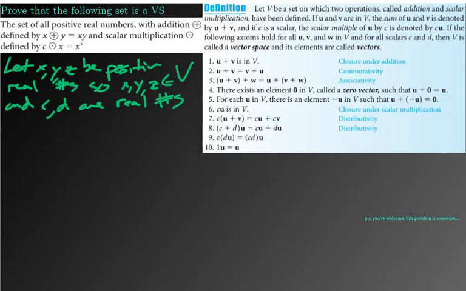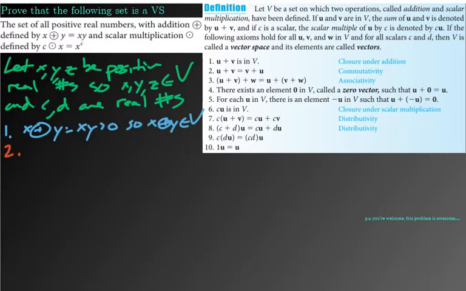This is a good example of how weird vector spaces can be. What we're calling plus here would really be x times y, the way you think of it. That's certainly greater than 0, so x plus y is in V, since it's a positive real.